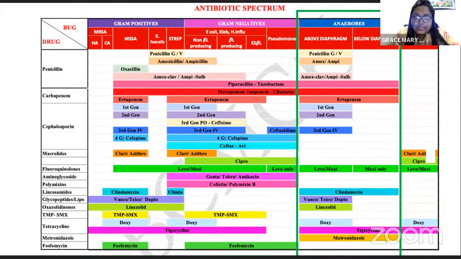In the spectrum, I know this is a busy slide and I've highlighted with the green box there. Above the diaphragm, you have a lot of choices, but below the diaphragm, because of the Clostridium and the Bacteroides, you have a lesser number of antibiotics that you can actually give for serious infection, because serious infections are usually associated with intra-abdominal infections.